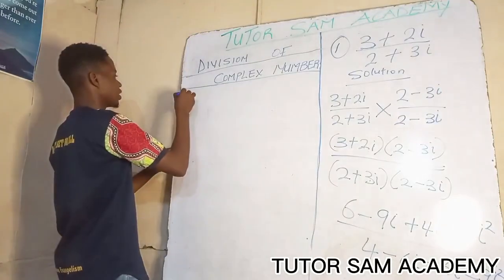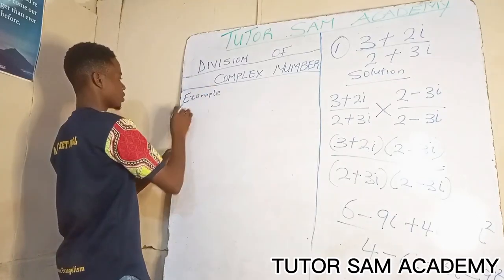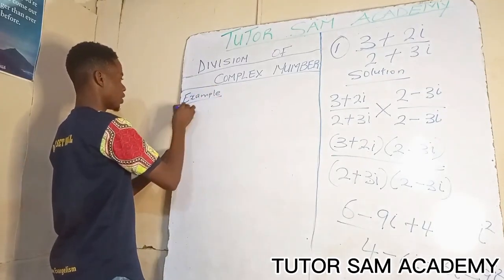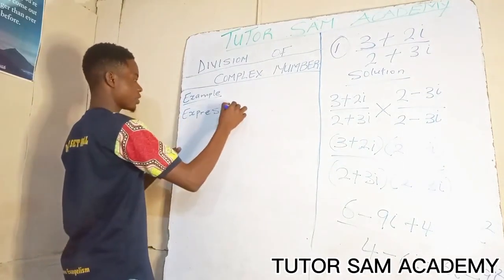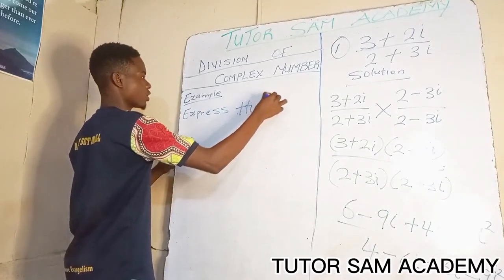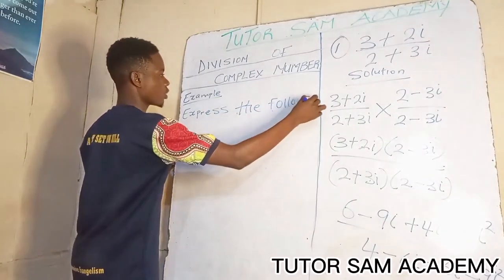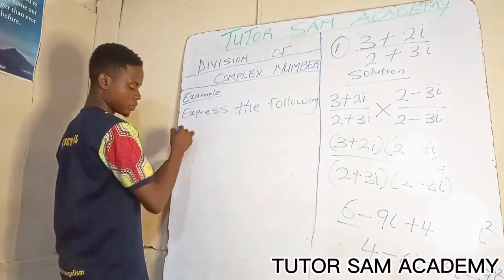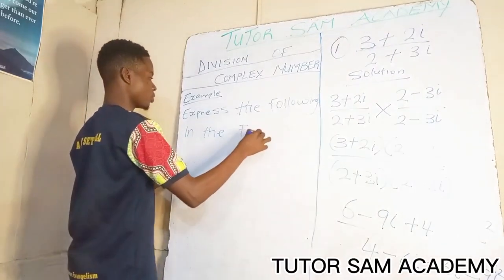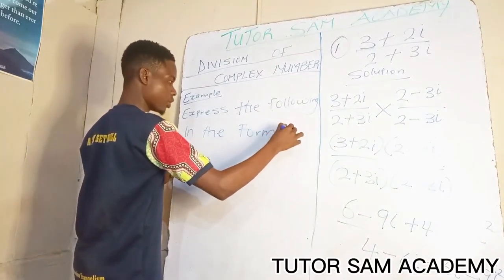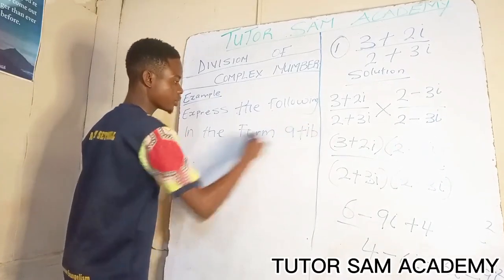So say we have an example. Express the following in the form a plus ib.